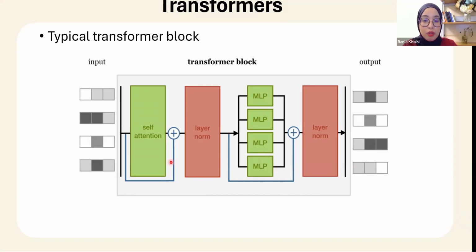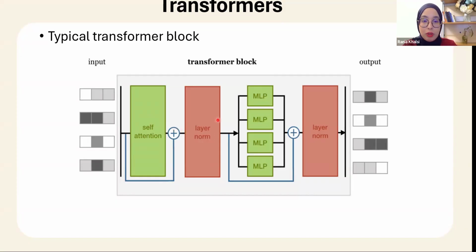The first component inside this block is the self-attention, okay? Self-attention processes the relationship across the entire sequence. After this, we find the layer normalization, which normalizes the output from the attention mechanism to stabilize and improve training.